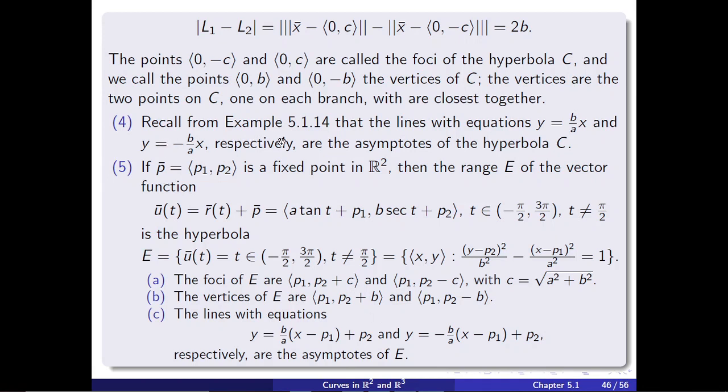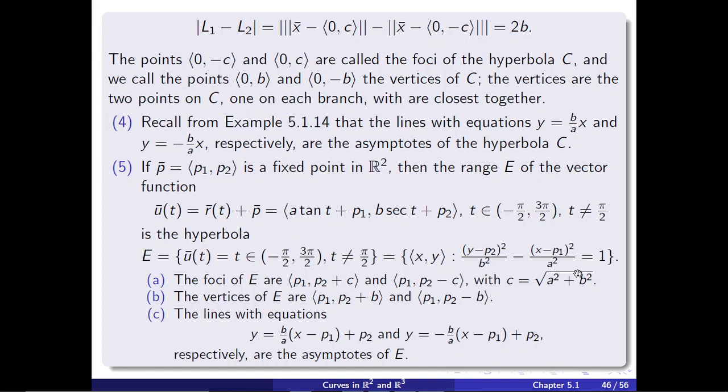So, number 4, recall from example 5.1.14 that the lines with equations y equal to b over a x and y equal to minus b over a x respectively are the asymptotes of the hyperbola C. So we saw that we had these asymptotes. If p is equal to (p1, p2) and we add that point to what we have, r of t plus p, then we can shift our hyperbola the same way as we did for an ellipse.